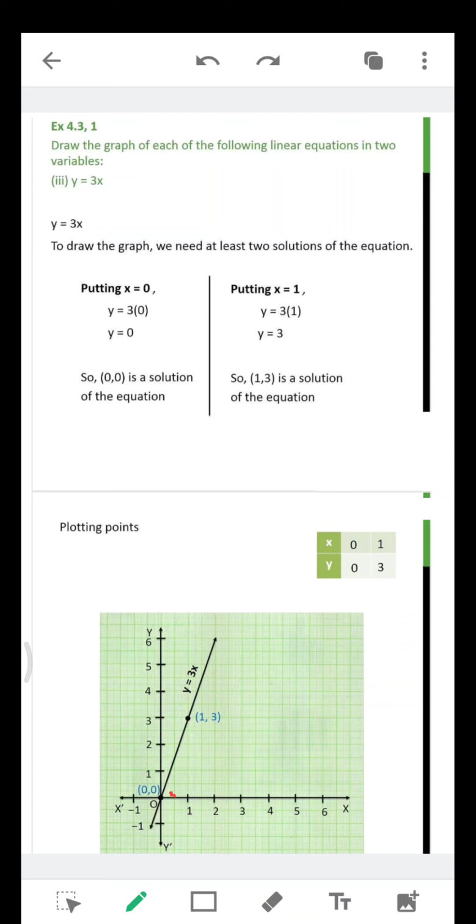You already know that the first point is 0, 0, the second point is 1, 3. So I have taken the points here in the tabular form, and 0, 0 comes on origin. This is 0, 0 and 1, 3 comes here. Then after plotting this, I'll join it and I'll get the line in this way.